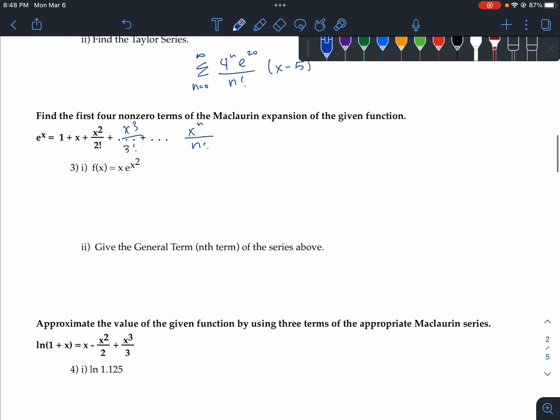Okay, so let's go ahead and find what the Maclaurin series would be for this one right here. So first I'm going to take this right here, e to the x squared. If I want to know what e to the x squared is, then I'm going to use this expansion right here and just substitute x squared in for these terms.